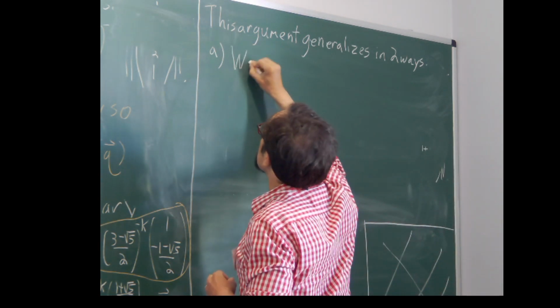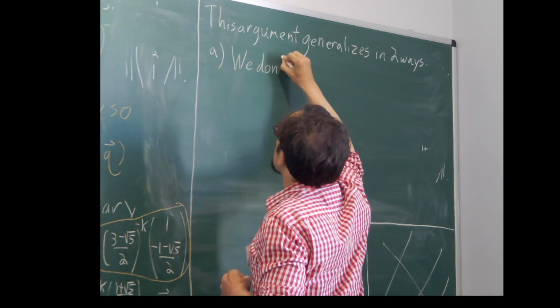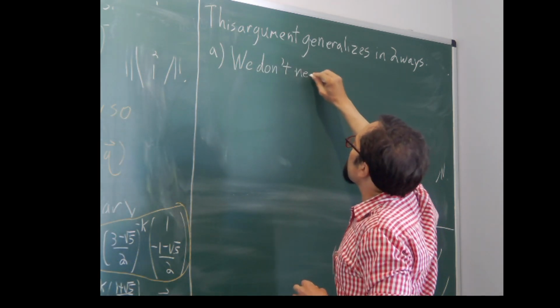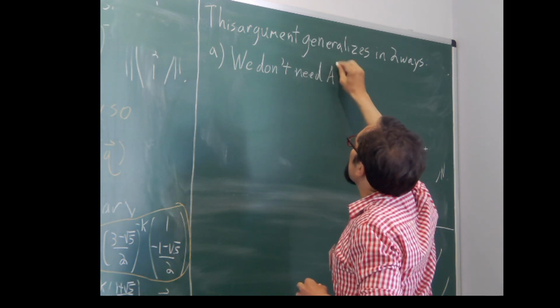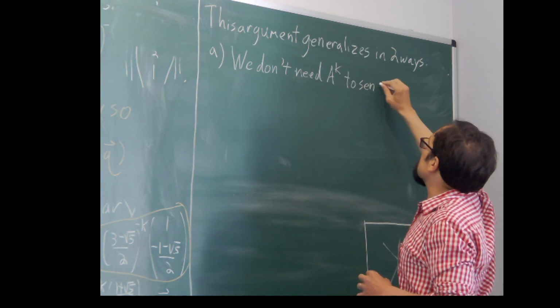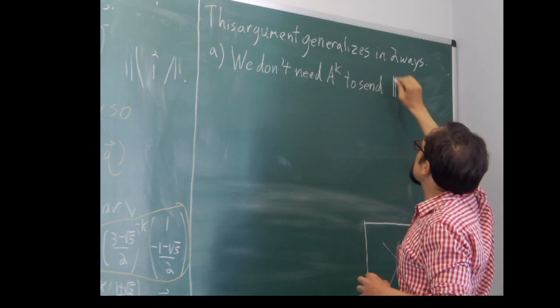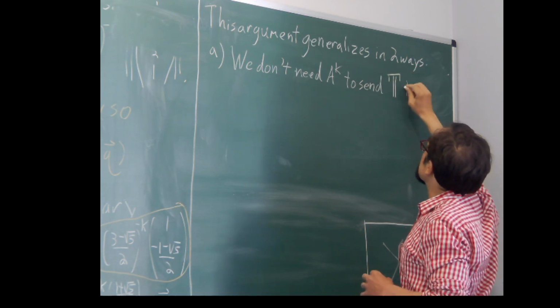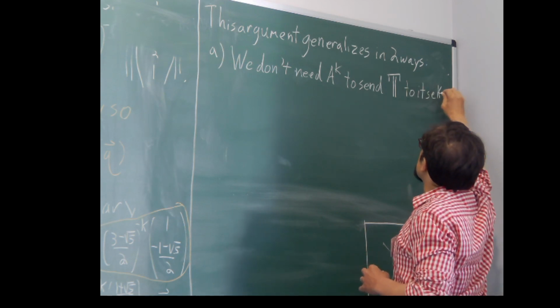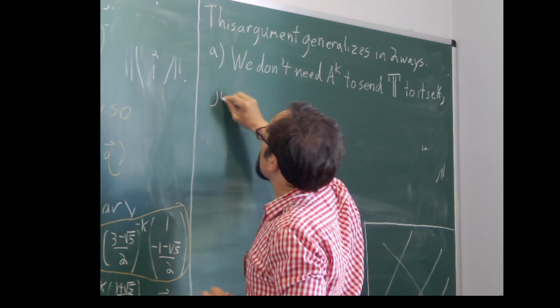We don't need A to the K to send our torus to itself, just to a torus of bounded diameter.